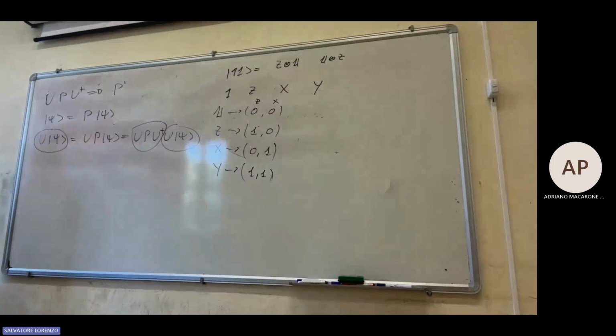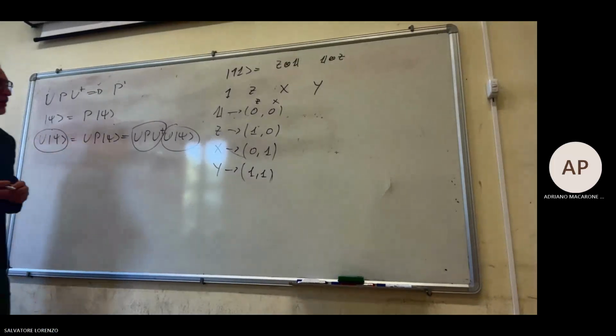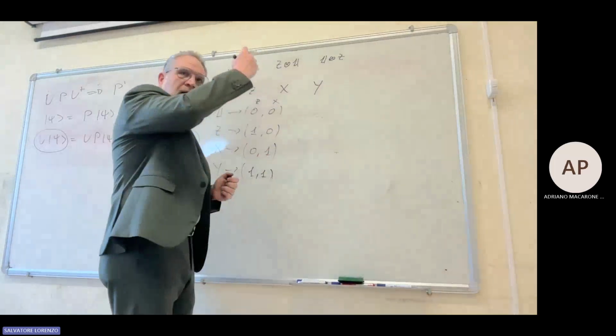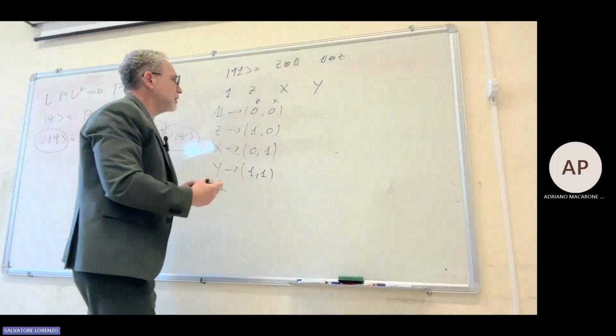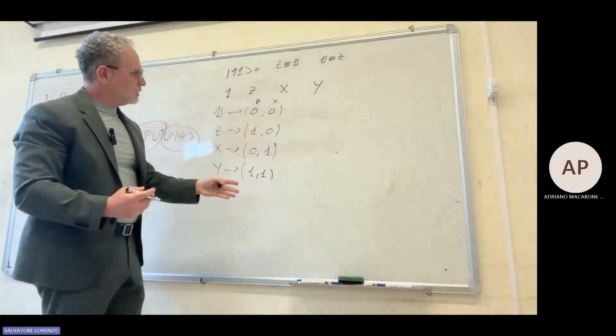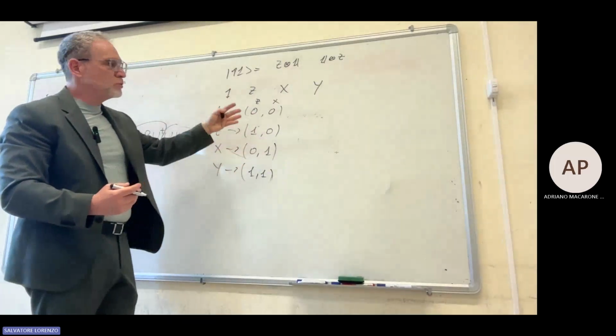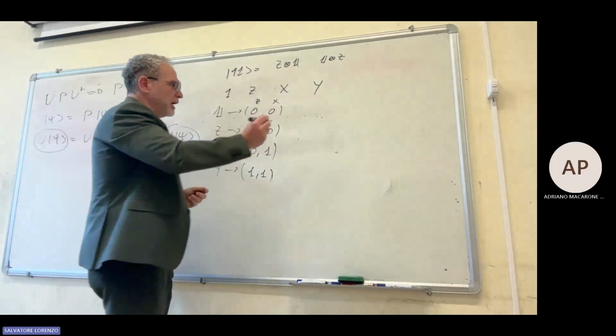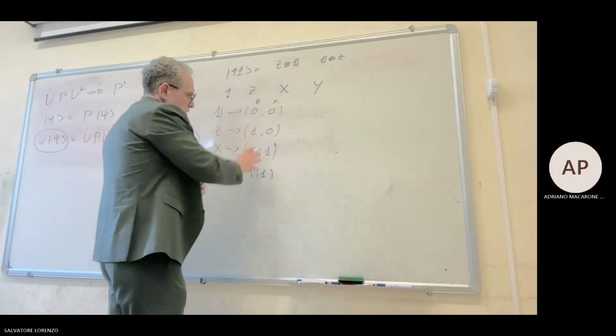So if we have a Pauli string made of n qubits, we can describe it with a vector of 2n entries.